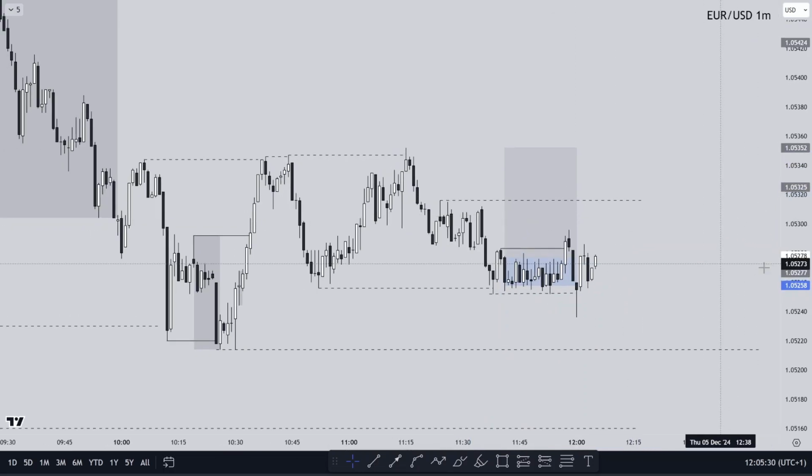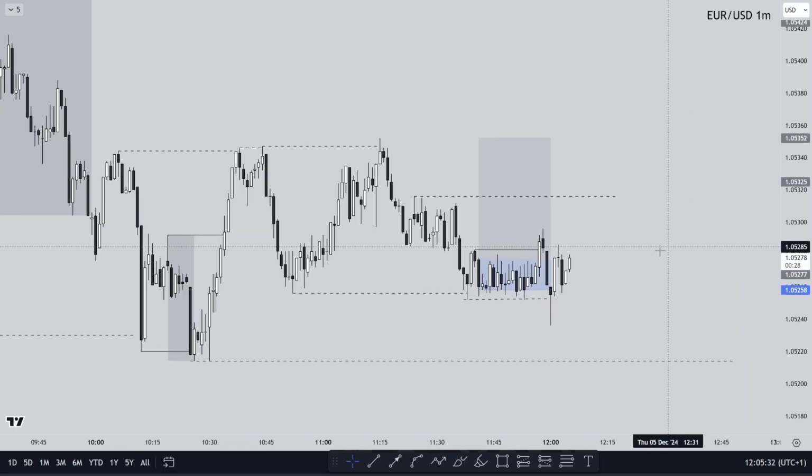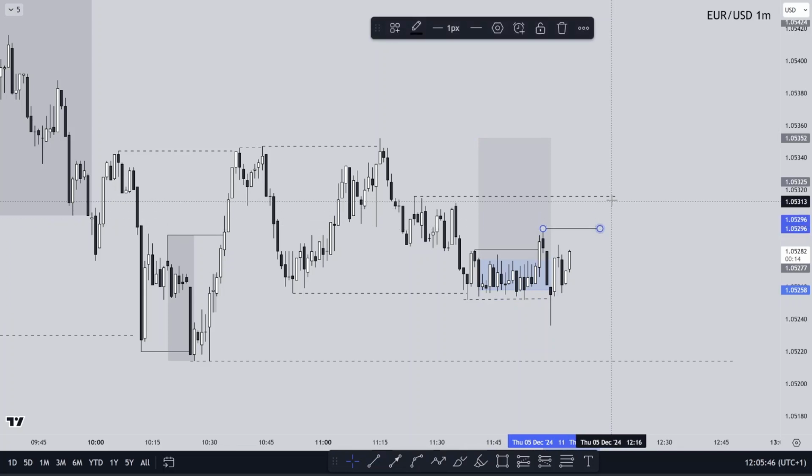Nothing special, but by the way, it is a TP. So now let's see. I think the price will go up at least till this level, and so to this one, and probably to my stop loss.